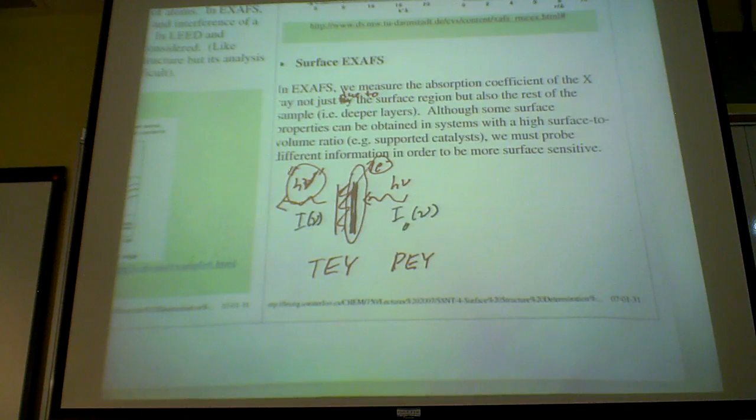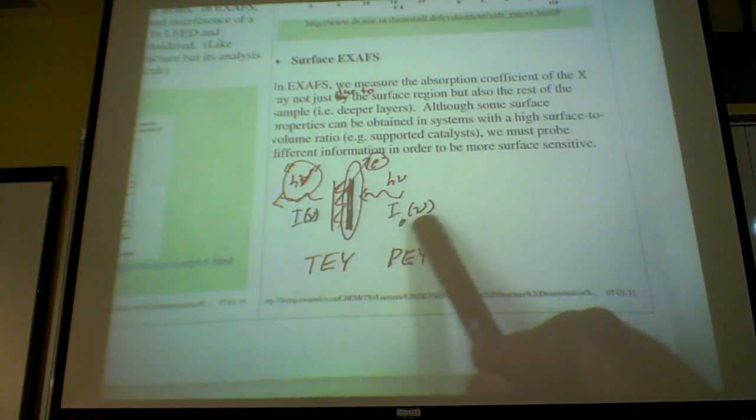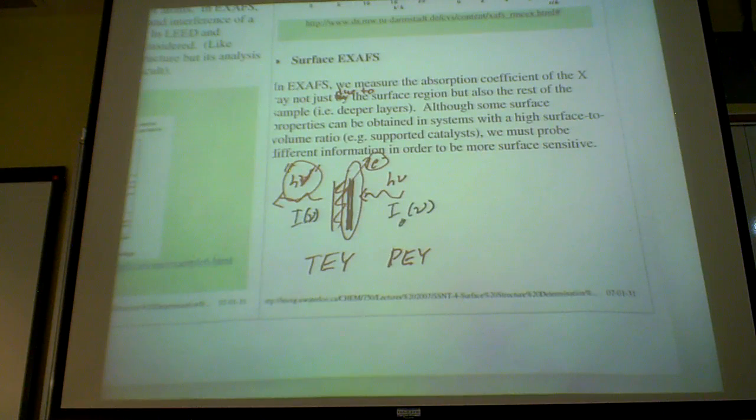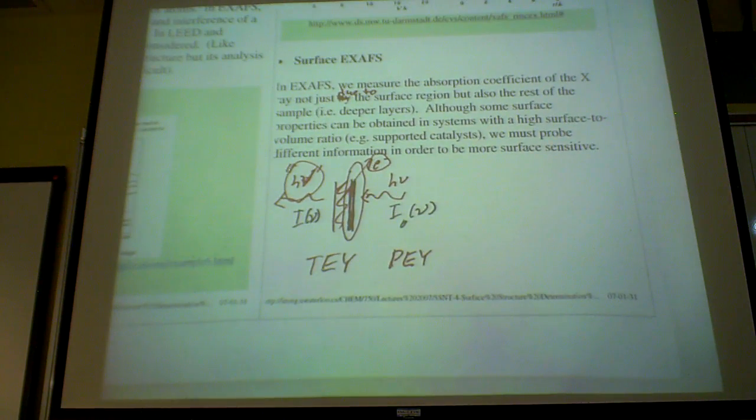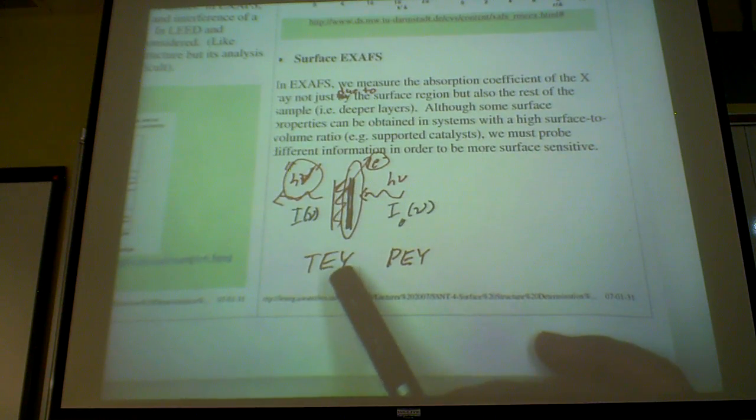Okay, and that's very easy, because essentially any electronic transition is proportional to my incoming photon intensity and how much absorbent that I have. So what people find is that they can measure the total electron yield, TEY.